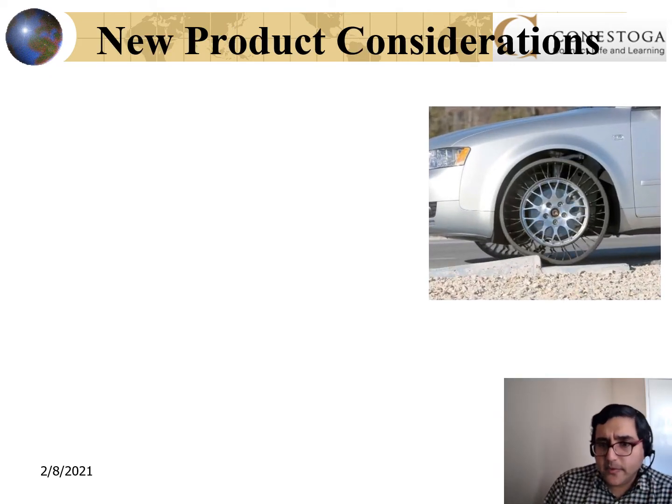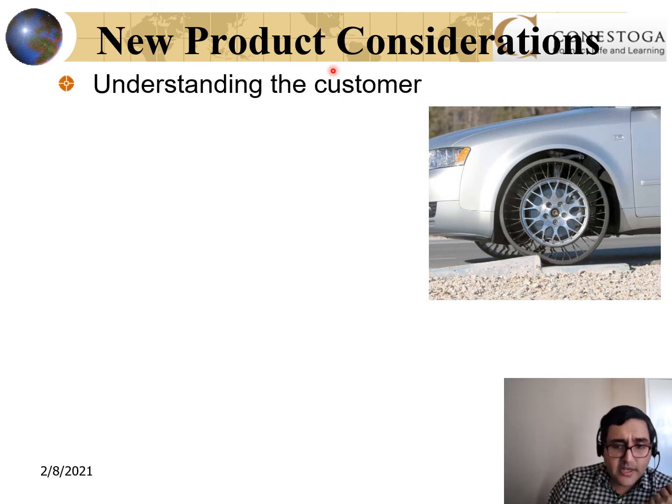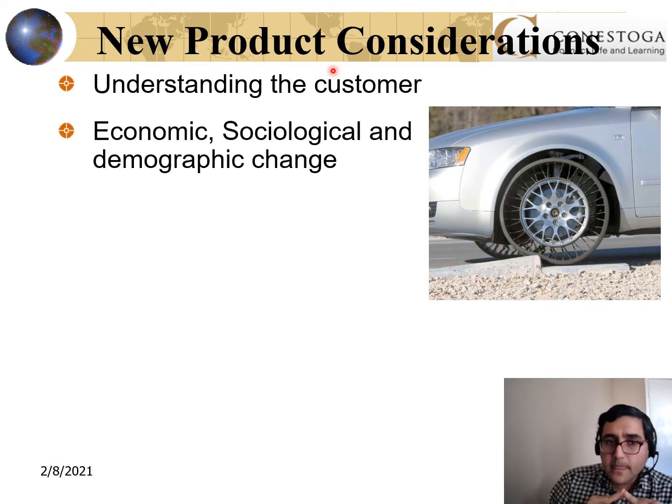Now, it's very important. As I was trying to say, see this particular example, when you're trying to come up with a new product, it's important that you understand your customer very correctly. See the changes which are happening in the economy. If the economy is going through a downside, just like now, and you're trying to develop a mobile phone costing $5,000, the chances of that mobile phone being sold are really low.